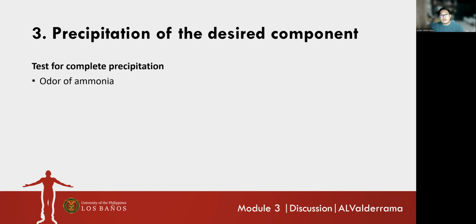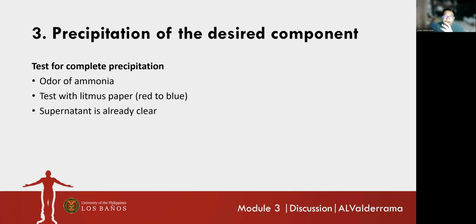So how do we test for complete precipitation? How do we know if all the Fe2+ or Fe3+ present in our solution has already precipitated out? If you can smell the odor of ammonia, that means complete precipitation has already happened. Or you can make use of litmus paper: when the test turns from red to blue, the mixture is basic.